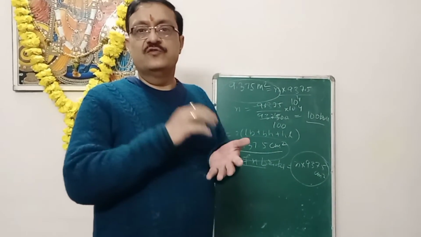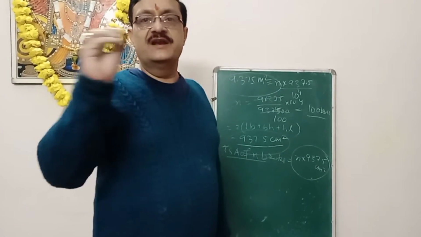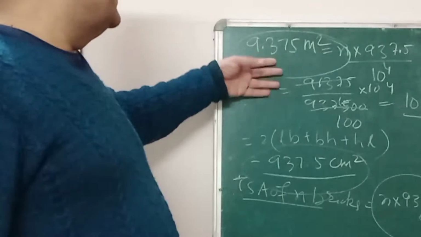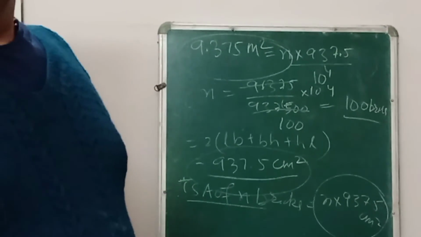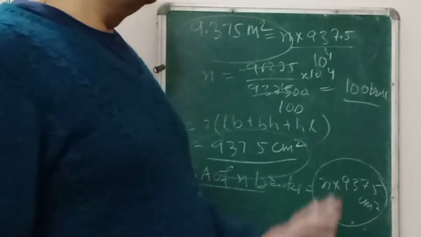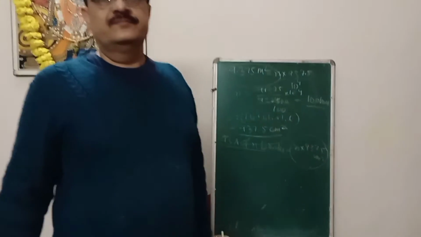We equate it with the area which can be painted out of that paint, and we get the value of n as 100 bricks. That's all. Now coming to the fifth question of exercise 13.1.